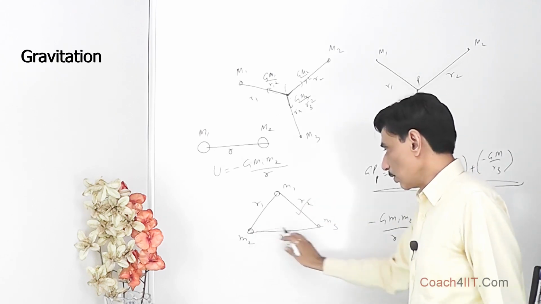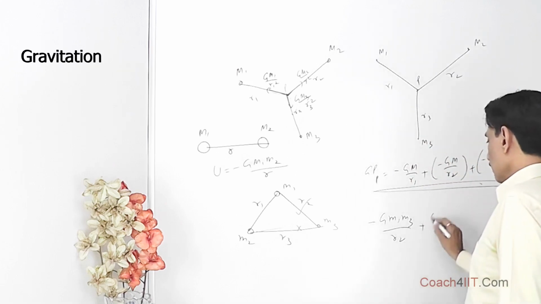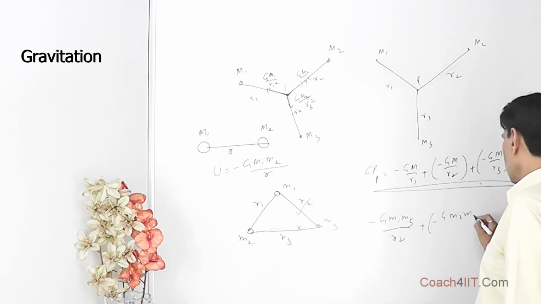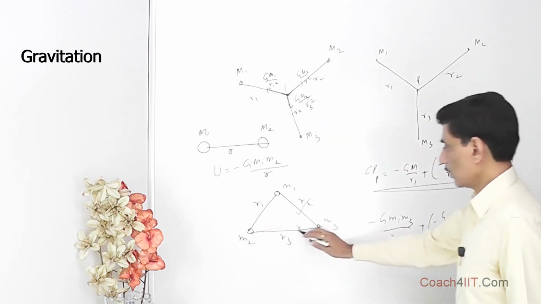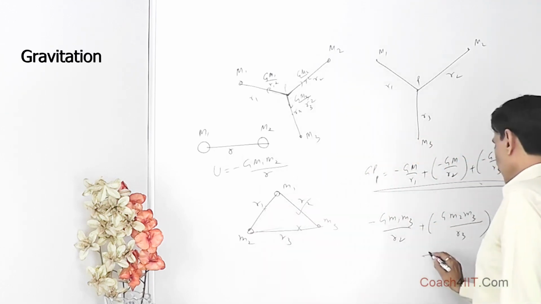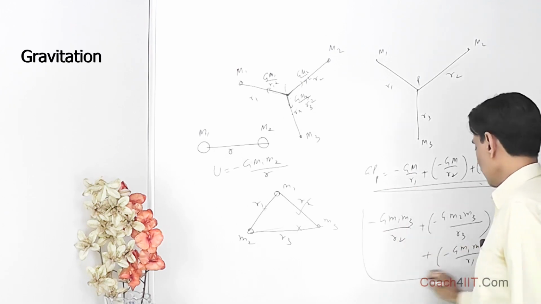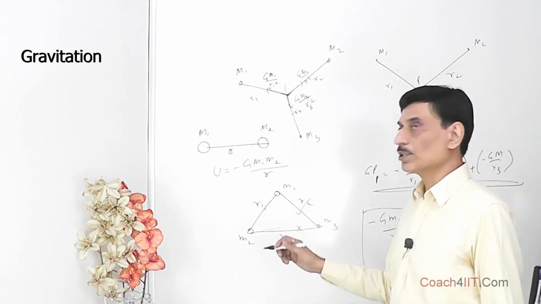Now m2 and m3 are also interacting, so their gravitational potential energy is minus Gm2m3 upon the distance between the two, r3. This interaction is done. Now the interaction between m1 and m2 is going to be minus Gm1m2 upon r1. You add all these, and you will find the gravitational potential energy of the whole system.